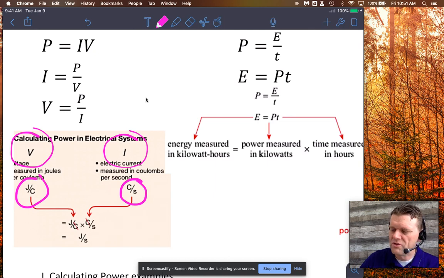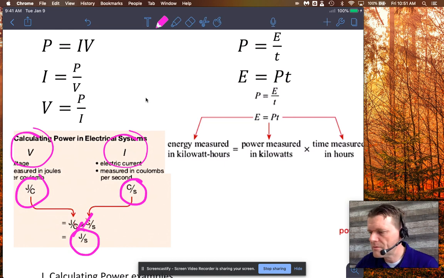You multiply those two together, the coulombs cancel, and you're left with joules per second. And that's exactly what a watt is. A watt is 1 joule per second. That's one of the relationships you'll use.